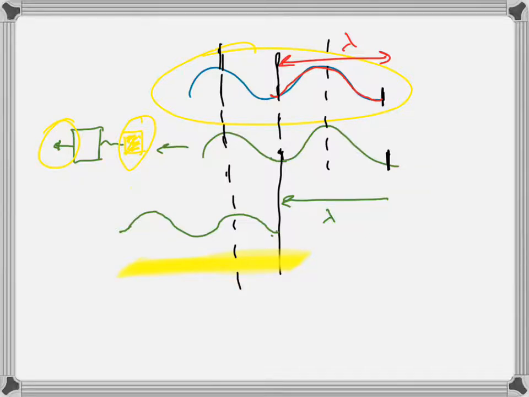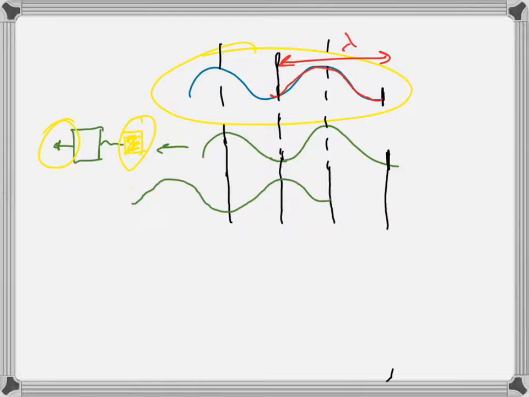So how do I get destructive interference? I get destructive interference by taking the green wave and simply shifting it back half a wavelength. If I shift it back half a wavelength, I have now shifted it so that its peak is where the blue wave's trough is, and its trough is where the blue wave's peak is, right?